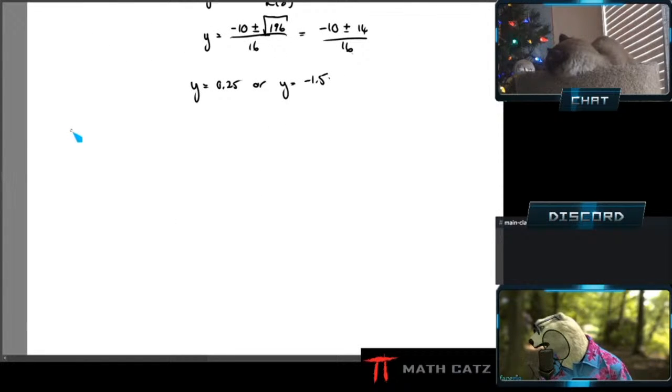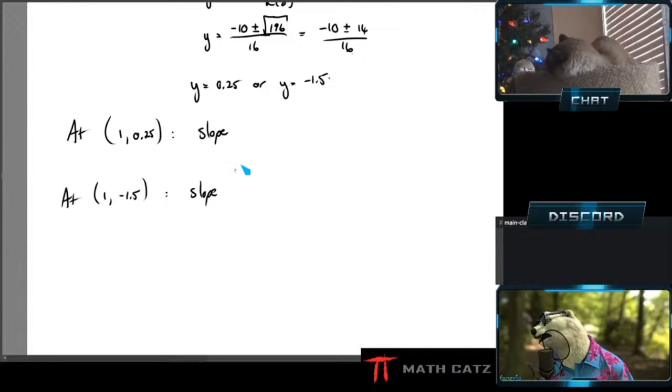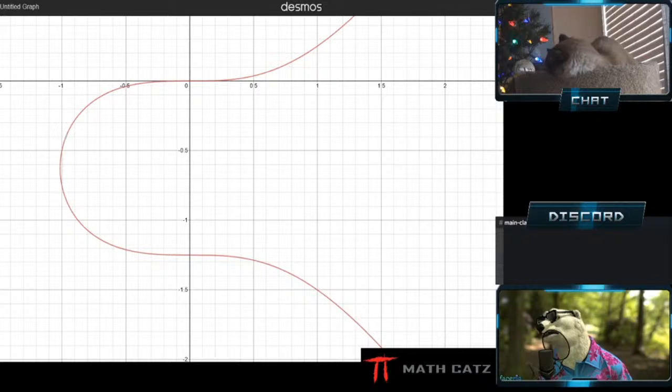So then at 1 and 0.25, and at 1 and negative 1.5, I'll get a different slope, depending on the symmetry, right? The symmetry here is pretty strong, it looks like.